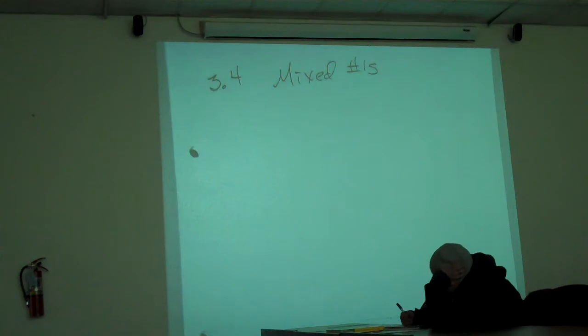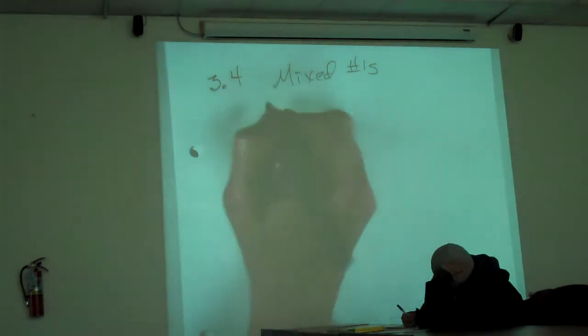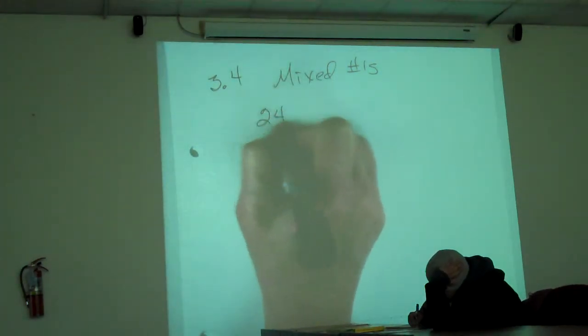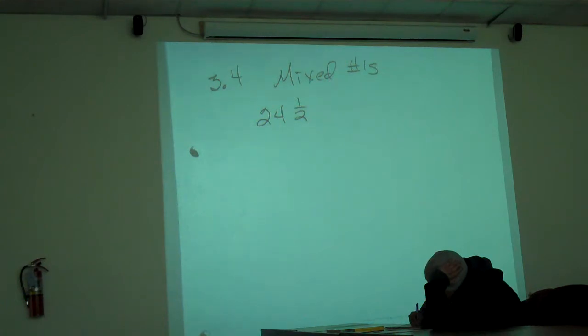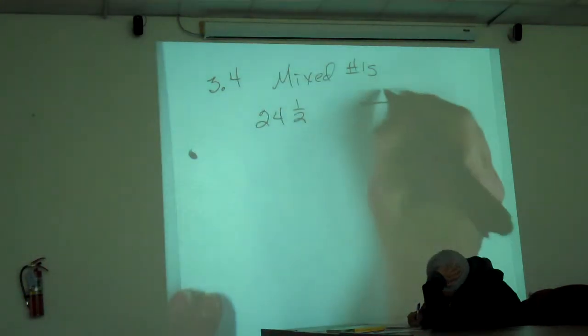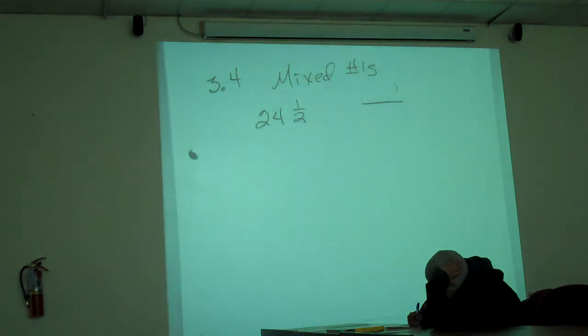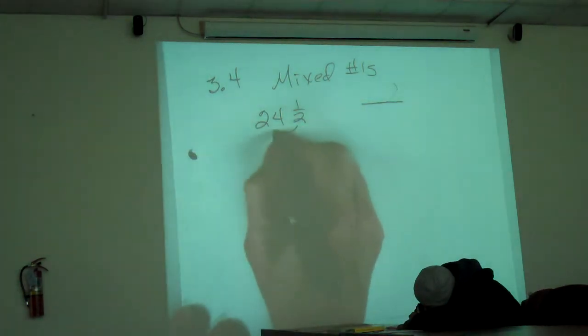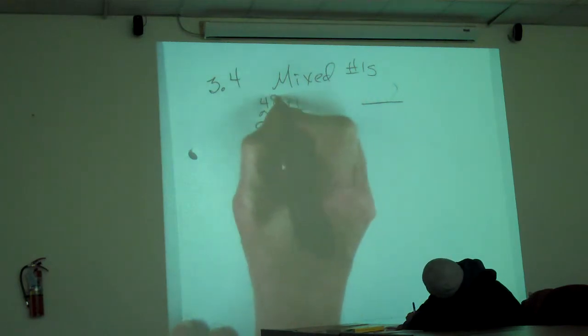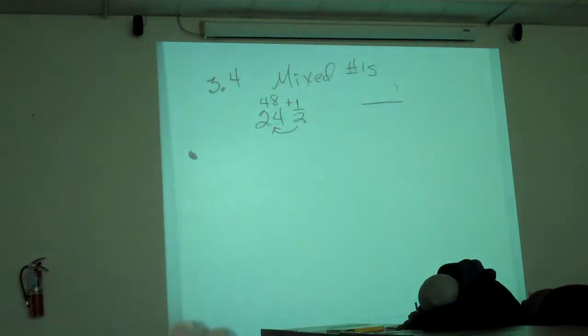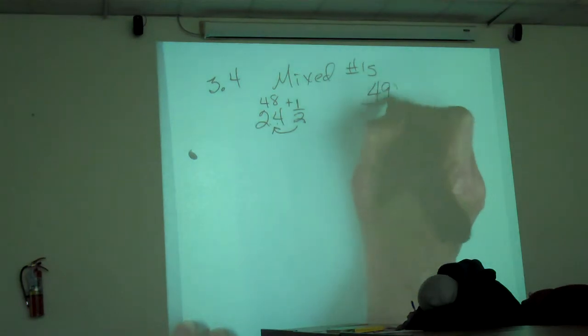Okay, mixed numbers. If you have a mixed number like 24 1/2, to write that as an improper fraction, where you have one number over one number, you remember what to do there? Times and then add. You multiply right here, and then you add the top. So 2 times 24, 48, then add the 1 on top, gives you 49.